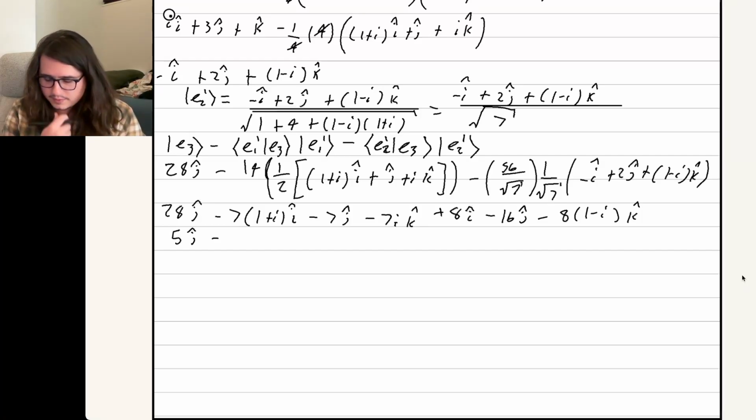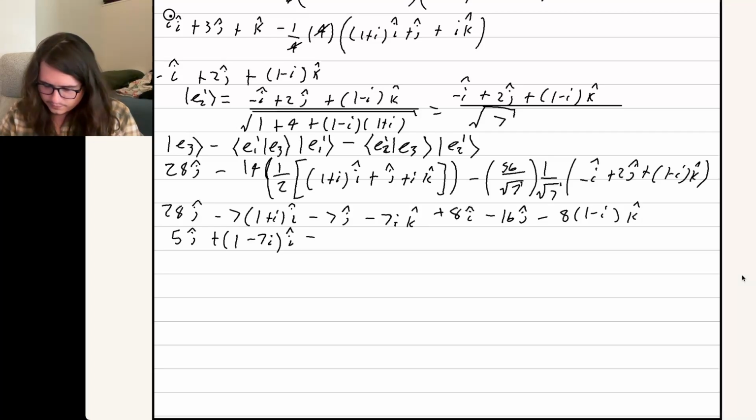We've got, on all of the i hat stuff, it's 8 minus 7 times 1 plus i. So we get 1 minus 7i hat.